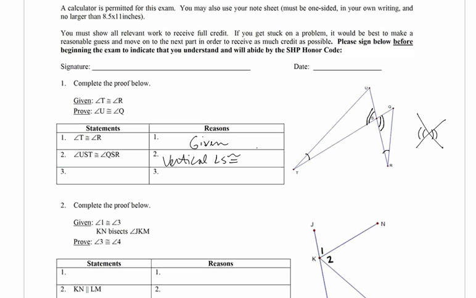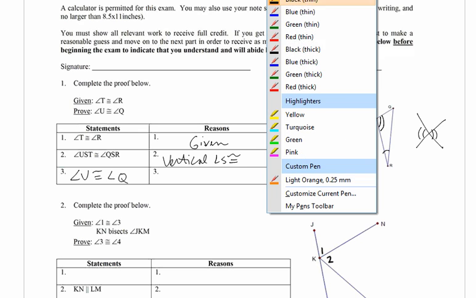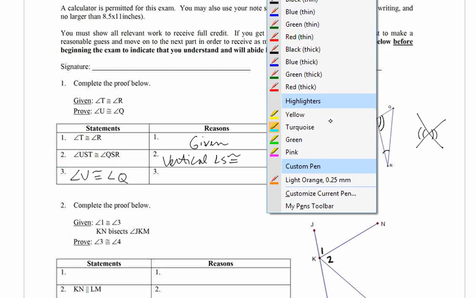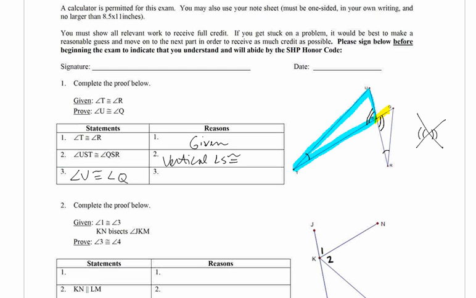Okay, and then finally I'm supposed to prove that angle U is congruent to angle Q. Now how would I know that? Well, what I'm going to do is highlight the triangles that we have showing here. We have this triangle and this yellow triangle.